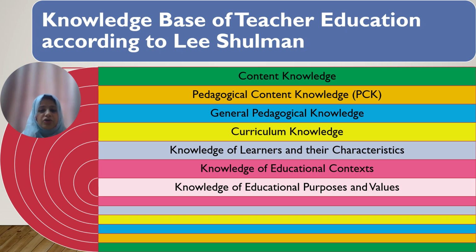Next is the knowledge of educational contexts. That means understanding the schools, communities, and the institutional structures. Next is the knowledge of educational purposes and values. That means understanding the aims, goals, and philosophical foundations of education. So these were the categories given by Lee Shulman.